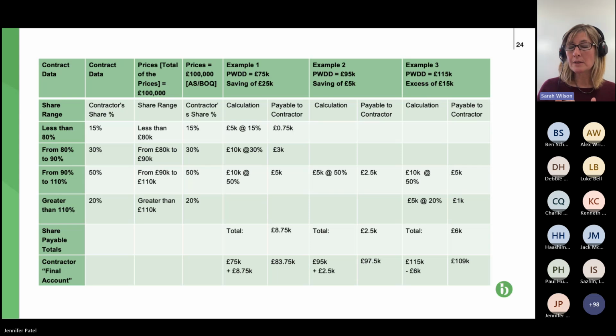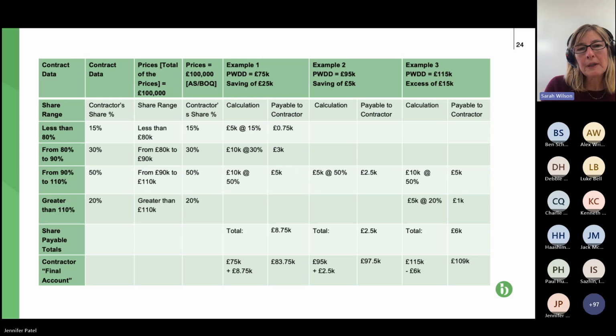So that means there's some money to be shared between the parties, namely the 25k saving. How is it going to be shared? So this is my point. It's not just shared 50-50 or 70-30 to one or the other party. You have to work it out based on these increments.